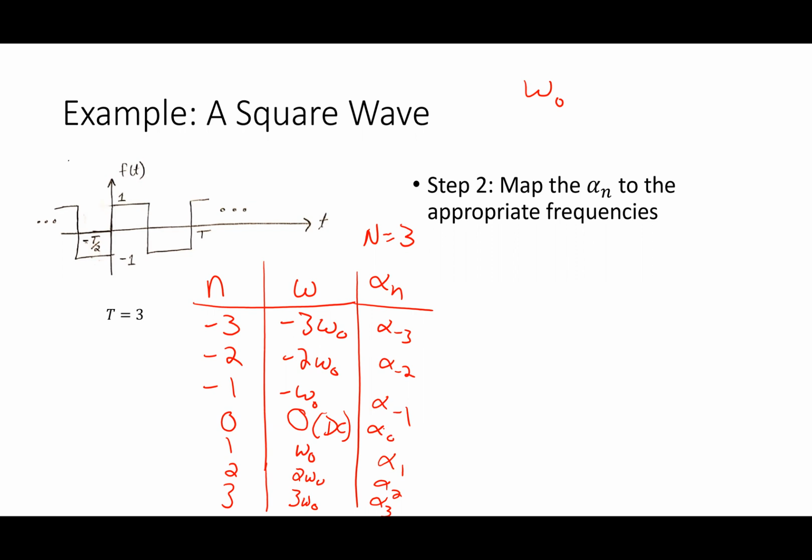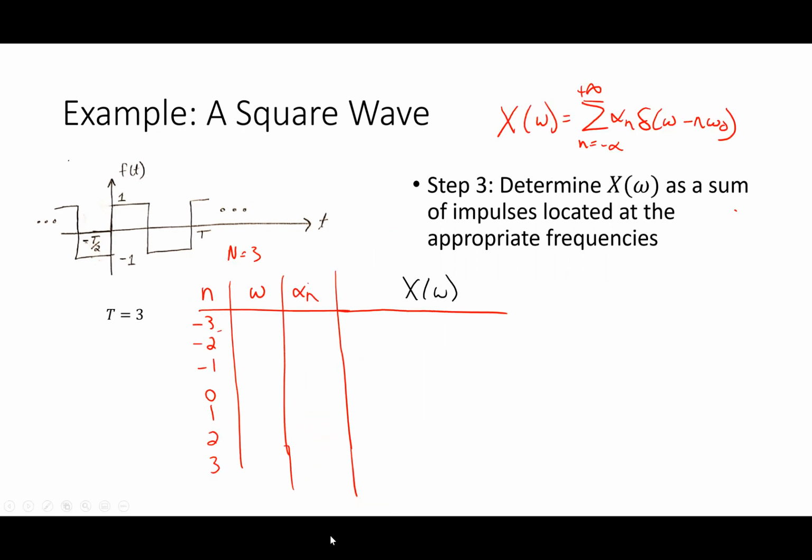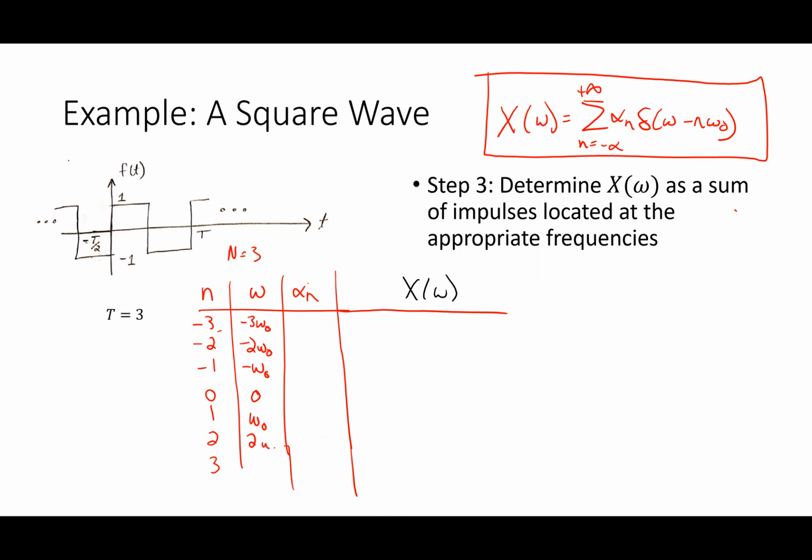Now what I want to do is copy and paste that over there. I want to get that into my X of omega. My X of omega, this is the formula here that I put in. So I said this is -3 omega naught, -2 omega naught, negative omega naught, 0, omega naught, 2 omega naught, 3 omega naught.